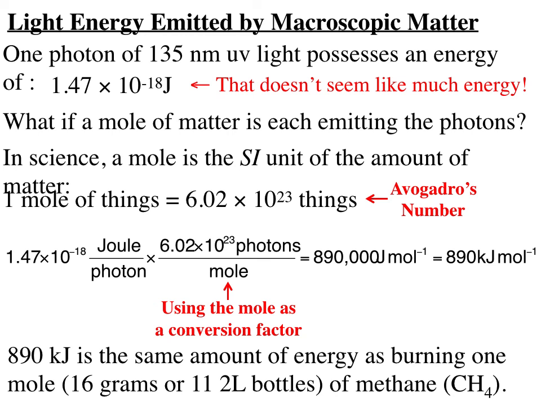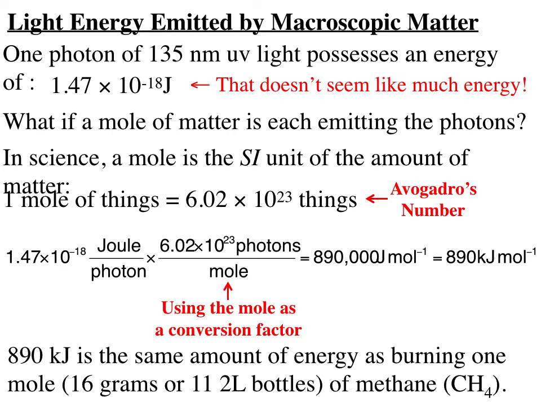The mole is defined in chemistry to be the standard counting number of things, because typically numbers in chemistry, like the mass or volume or even energy, as we're seeing here, are so tiny. Instead of dealing with them in individual units, we deal with them in moles of units. A mole of anything, as it says towards the middle of the slide, is an Avogadro's number of those things. It is 6.02 times 10 to the 23rd of those things.